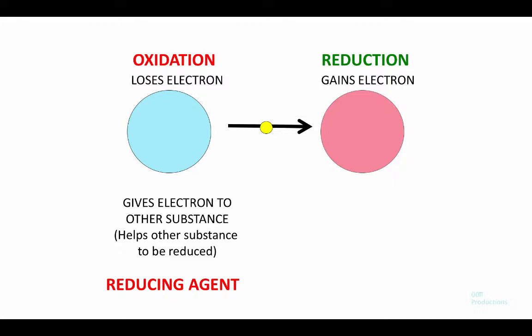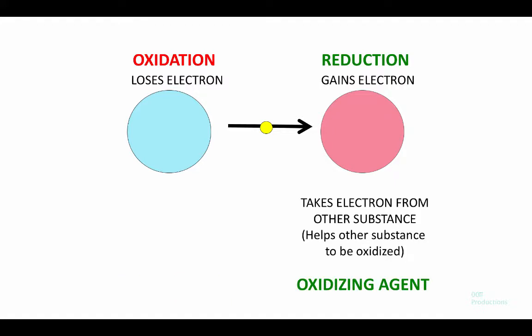And of course, we can look at the red atom the same way. This substance is gaining an electron, but it only gains that electron because it takes the electron from the blue atom. Without the red atom taking the electron, the blue atom would never undergo oxidation.